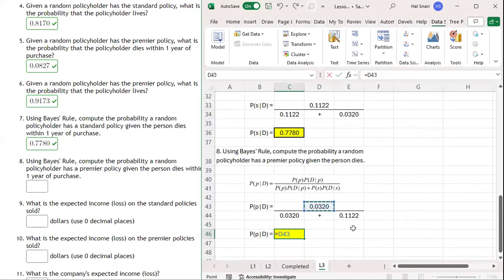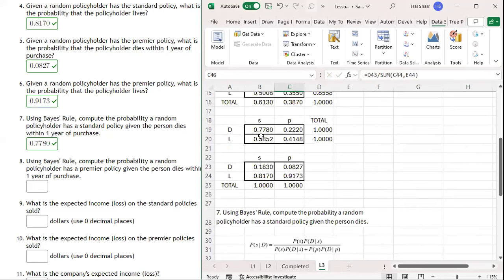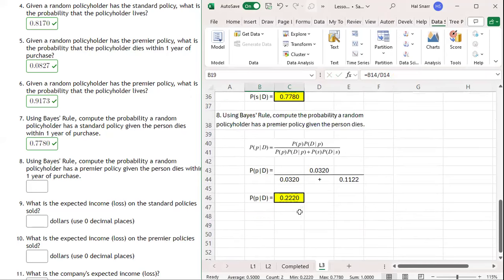Now we're going to take this and divide it by the sum of that, comma, and that. And notice when we sum these two together, we get 1. So where do these two things show up? They both show up here. So this is 0.2220.